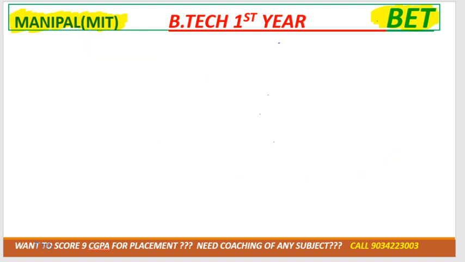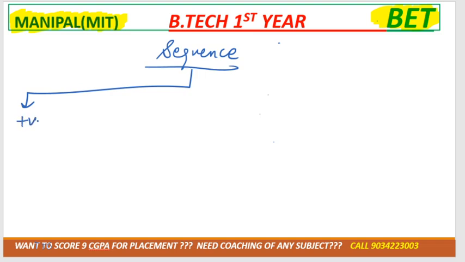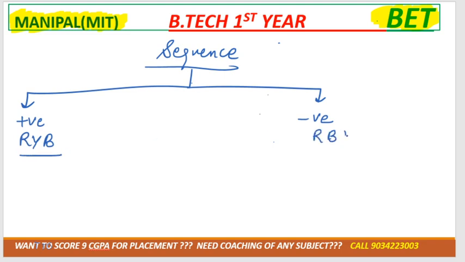Basically, we have 2 sequences. One is known as the positive sequence, another is known as the negative sequence. Positive sequence is RYB, negative sequence is RBY. Generally, if they didn't mention it, we'll consider positive sequence only, or if they mention it, then we have to take it according to this sequence.